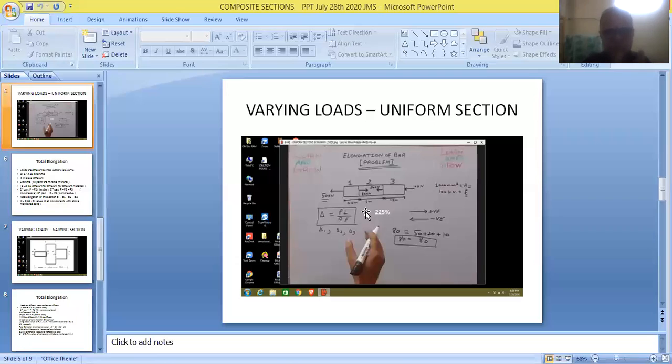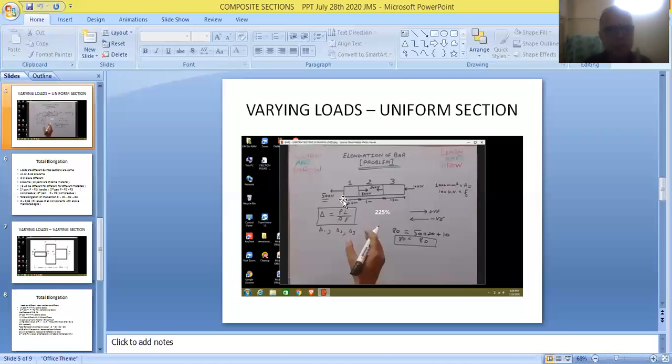So friends, first part is subjected to tension, so DL1 must be taken as positive value. Second and third components are subjected to compression, therefore, DL2 and DL3 must be taken as negative values.